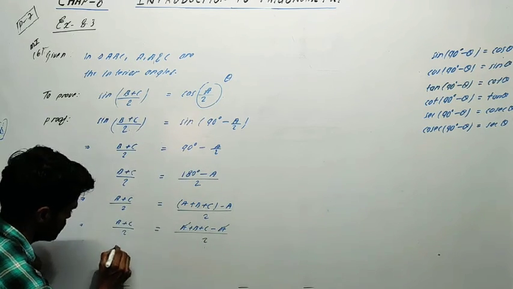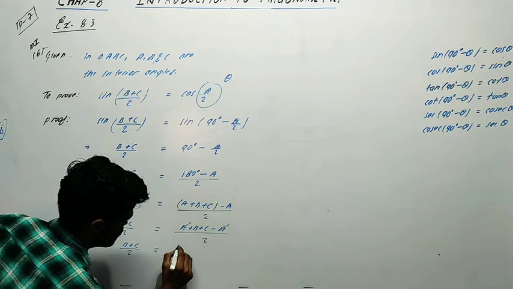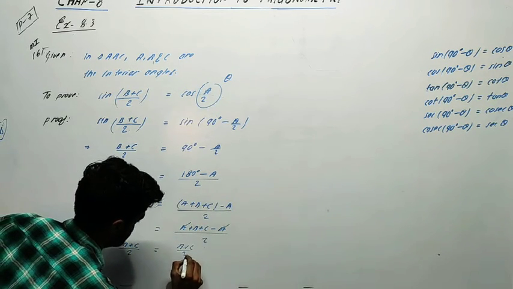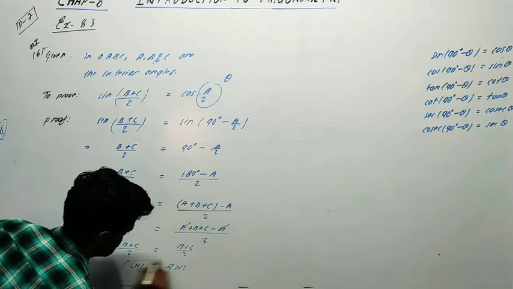Minus A plus A cancel out. B plus C upon 2 is equal to B plus C upon 2. LHS is equal to RHS, proved.